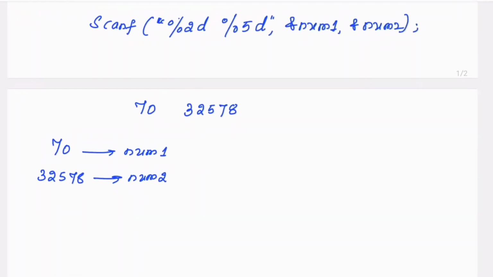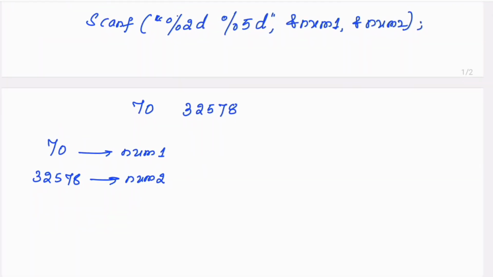Suppose for the same scanf function I give the input as 32578 and then the second value as 70. Then what happens? Since you have specified width 2 for num1 and 5 for num2, but you are giving the very first number consisting of five digits, 32578, while you have specified only two digits in the input function, 32 will be assigned to num1.